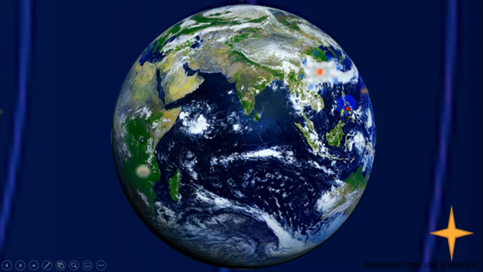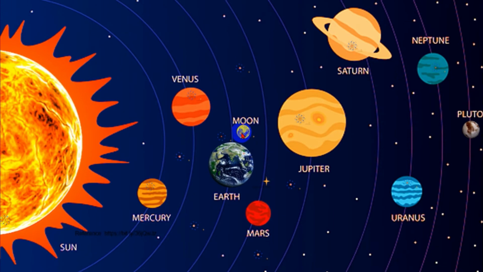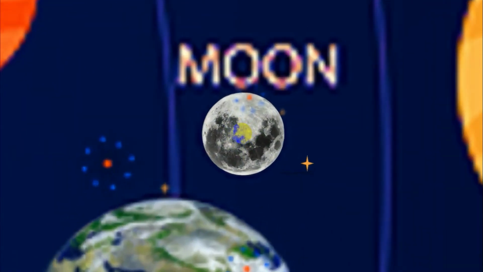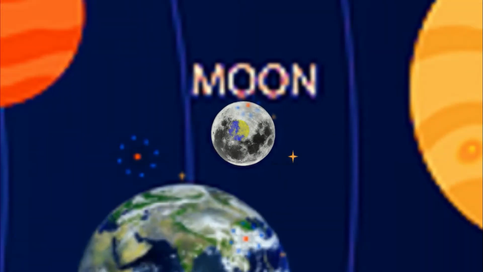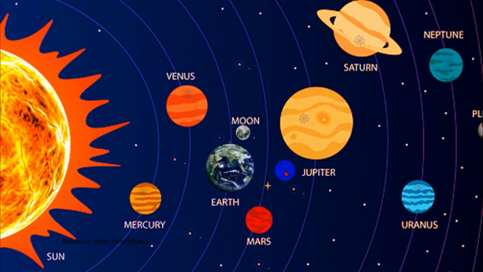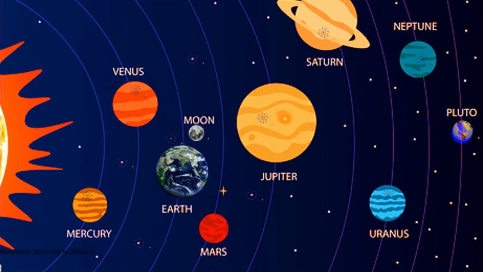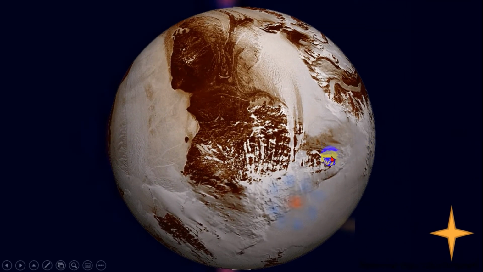Here is the Philippines. And the Earth's moon. Yan ang moon natin. And the planet Mars, the Jupiter, the Saturn, the Uranus, Neptune, and the dwarf planet Pluto.